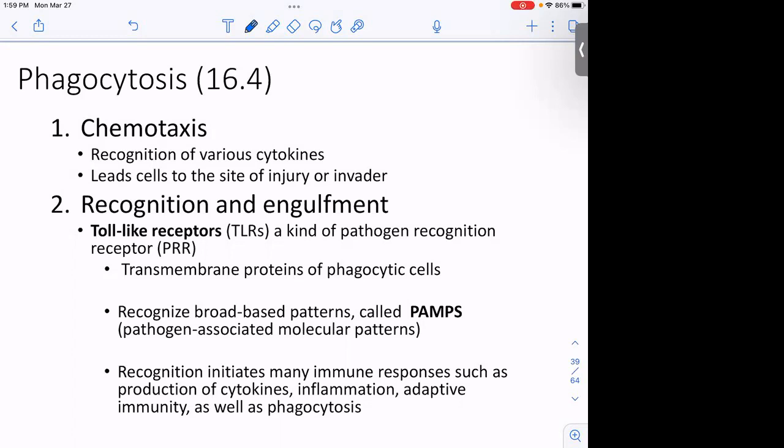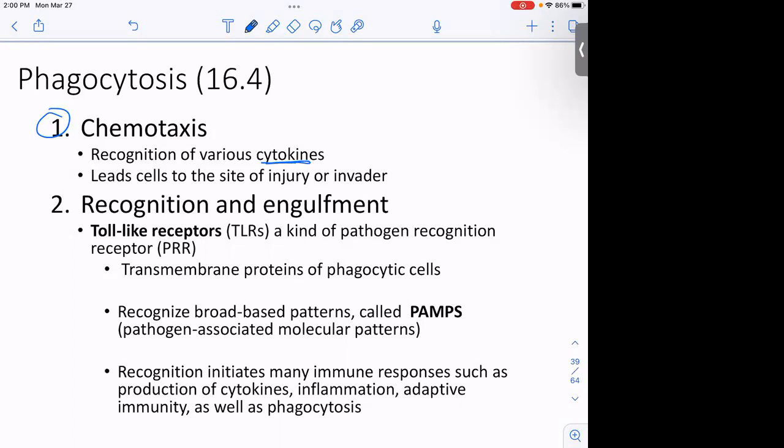Okay, so a cell like a macrophage or a dendritic cell, if it's going to eat a pathogen, it has to be where the pathogen is, right? So it has to chemotax, it has to move towards that pathogen. Again, it's going to follow chemical signals from other cells that are releasing cytokines and things to get it there. Okay, so if it's out of the bloodstream, it's going to move by amoeboid action.